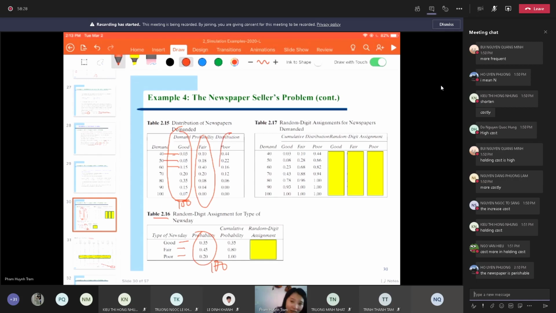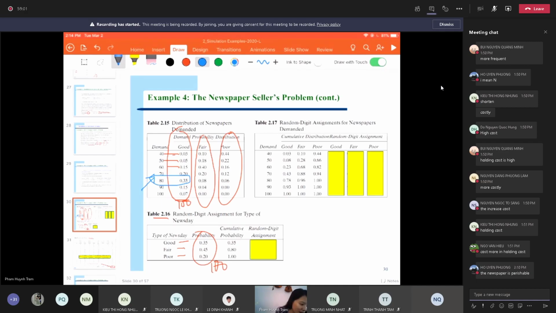Let's look at the numbers to see whether it makes sense or not. If it is a good day, the highest probability, 35% here, will be around 80 papers. So there is a very high percent that the customers will buy a lot. It's around 70, 80, 90, and the peak is around 80 papers.